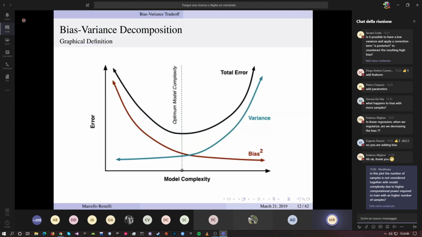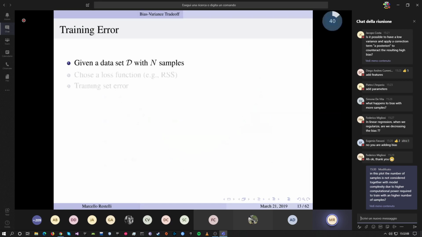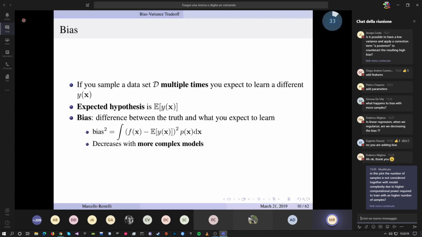Up to now, we have not yet seen a measure of these two lines, because these are theoretical quantities. We have seen the definition of these quantities before, and they are as they are defined. As you can see, they are integrals over all the input space with the probability values, with the expected values of the models.